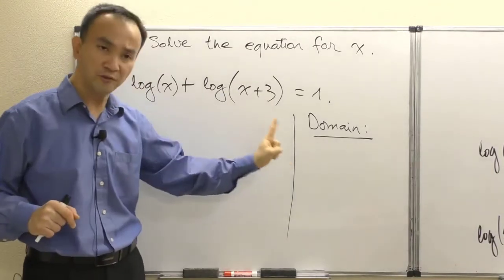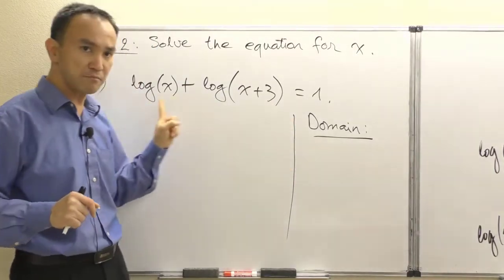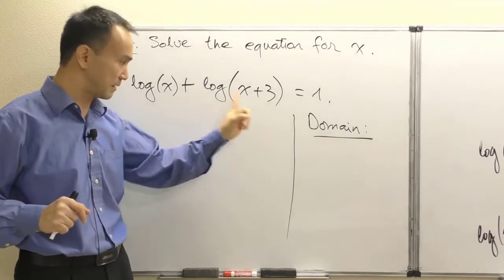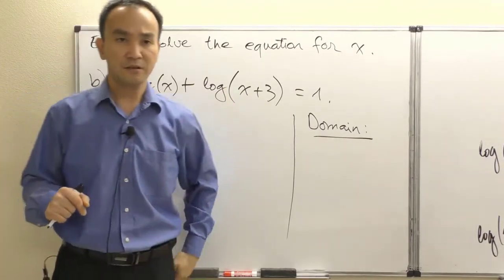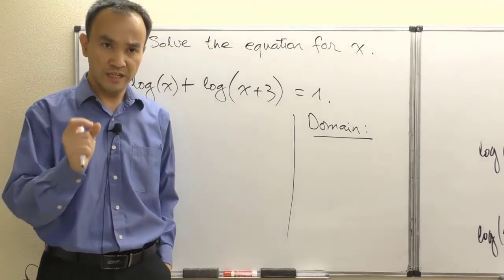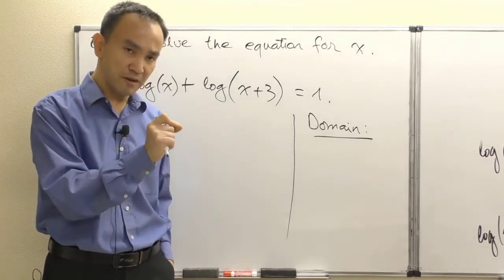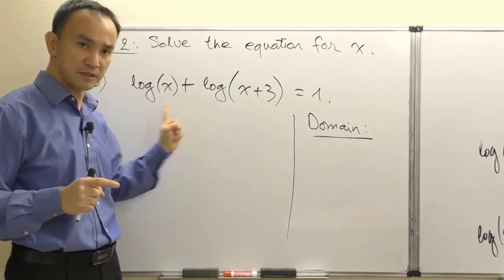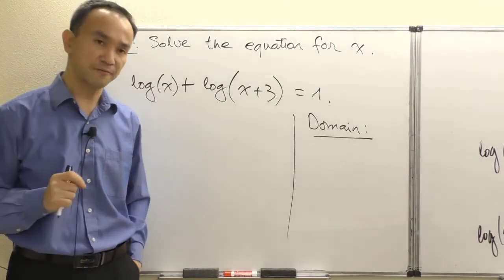So we have to find an overall domain that meets the requirements of both log terms. In other words, we have to come up with a combined domain that satisfies both logarithm terms.